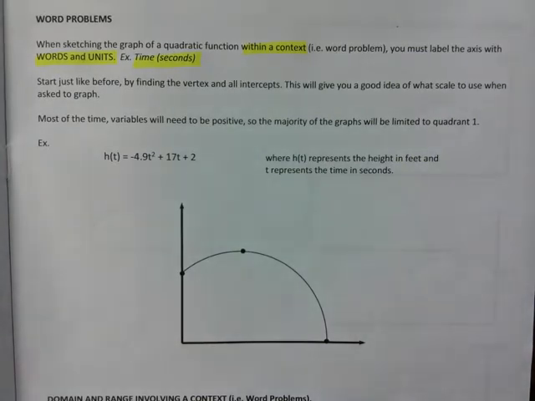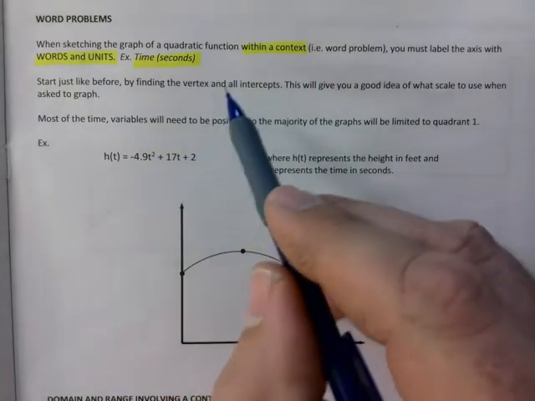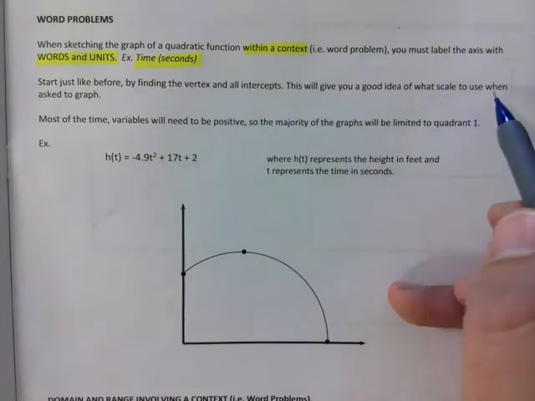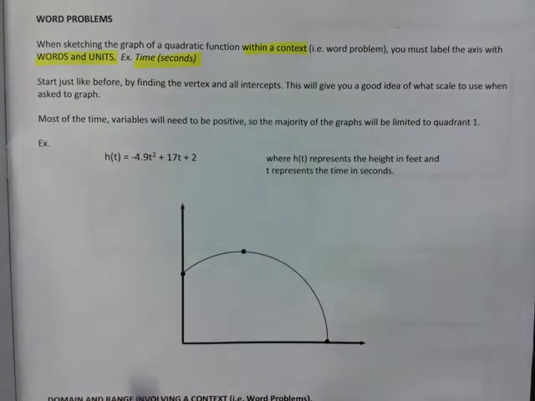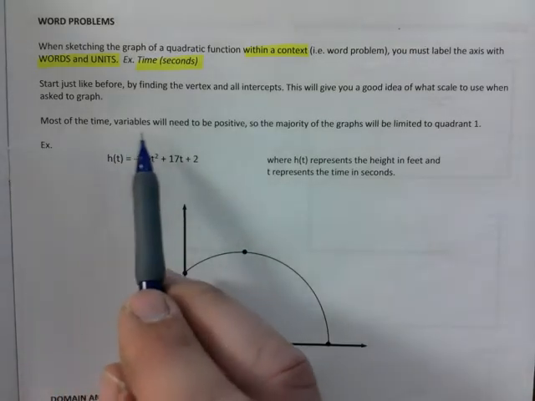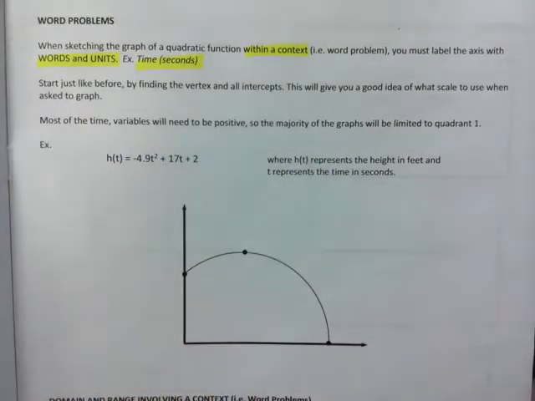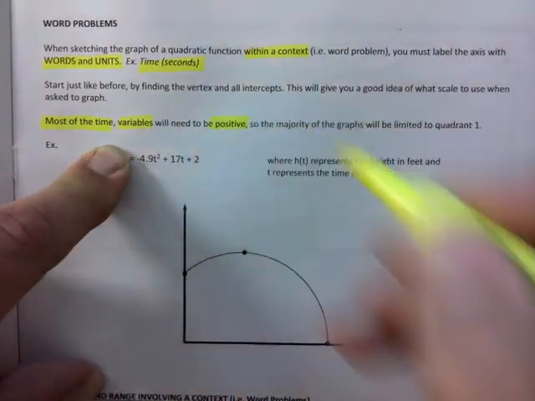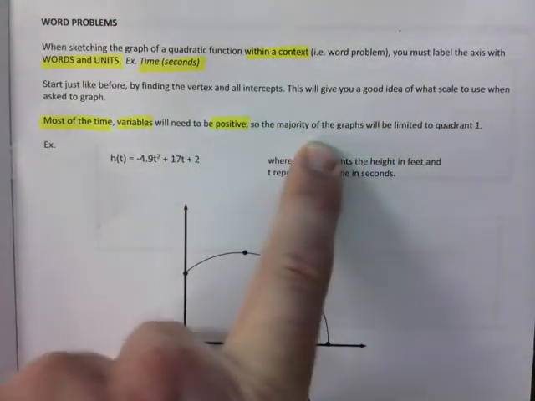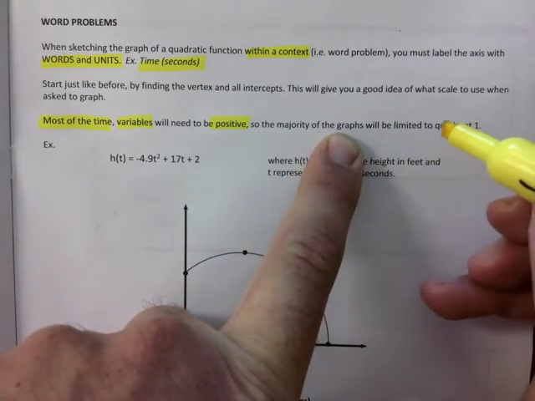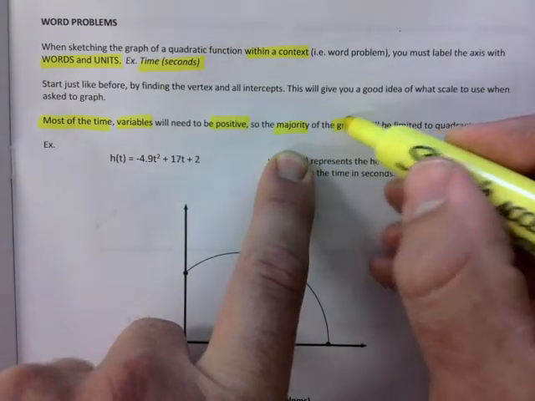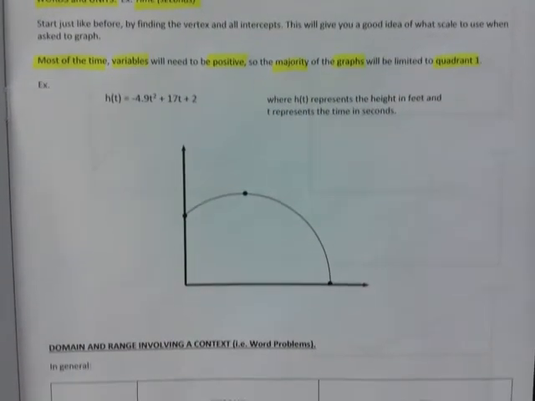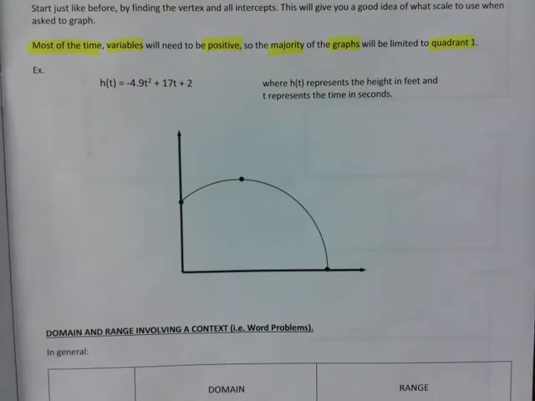Start just like before by finding the vertex and all the intercepts. This will give you a good idea of what scale to use when you're asked to graph. Most of the time, variables will need to be positive. So the majority of graphs will be limited to quadrant 1, because time has to be positive.